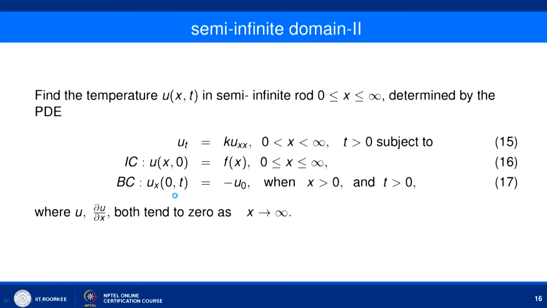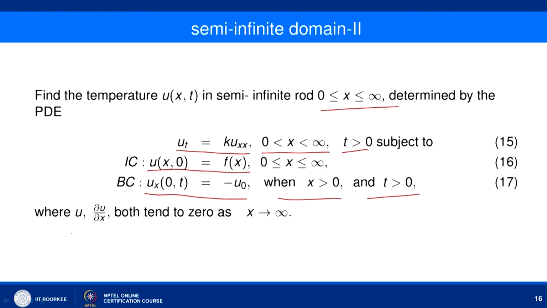Now, consider another problem on the same semi-infinite domain, but this time the boundary condition is given in terms of u_x. So here the problem is: find the temperature distribution u(x,t) in a semi-infinite rod lying with x between 0 and infinity, determined by the PDE u_t equal to k u_xx, where x lies between 0 and infinity and t is greater than 0, subject to the initial condition u(x,0) equal to f(x), and the boundary condition u_x(0,t) equal to minus u_0 for t greater than 0.